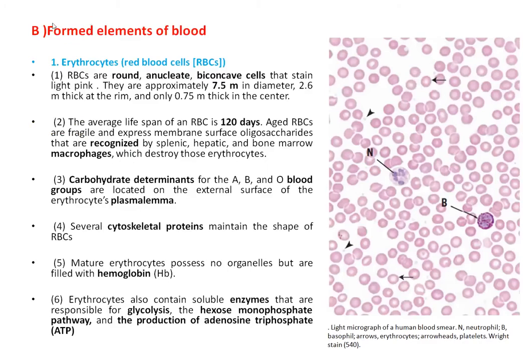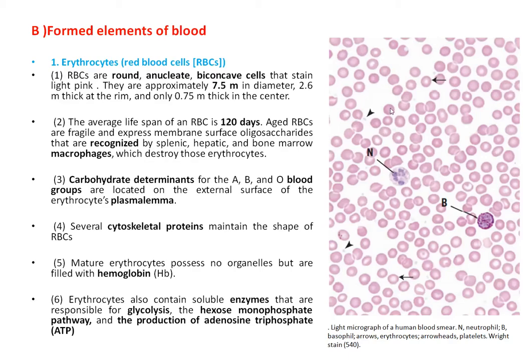The second element of blood is the formed elements, which include erythrocytes, leukocytes, and platelets. Erythrocytes, or red blood corpuscles or red blood cells, are rounded in shape, enucleated, biconcave, and stain light pink.